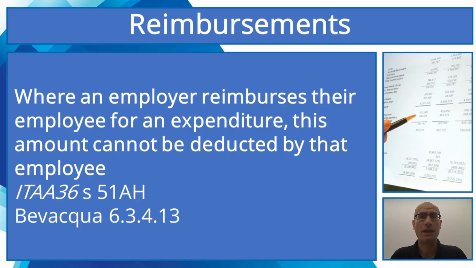And so in a situation where an employer reimburses an employee for expenditure that the employee's incurred, that employee cannot deduct that particular amount. Now, the employer may or may not be able to deduct it themselves, but the key thing to note is that employees under Section 55AH of the old Act cannot deduct it themselves.